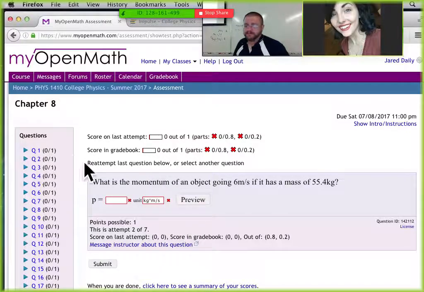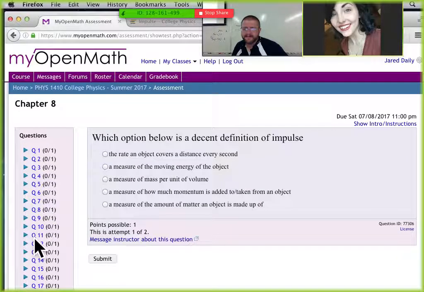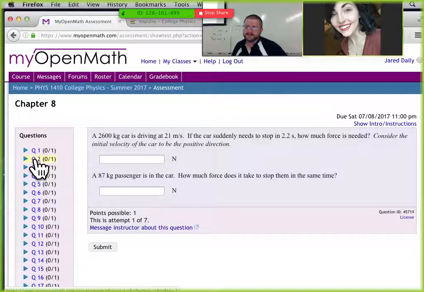Okay, does anybody else have any other particular questions about problems in the homework? Number 2. Okay, so initial momentum, final momentum is your change in momentum, right? Or final momentum minus initial momentum. What's your final momentum? 0.